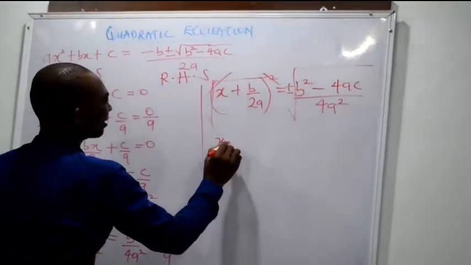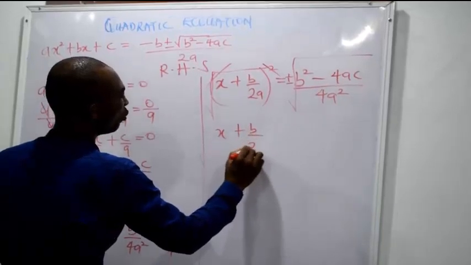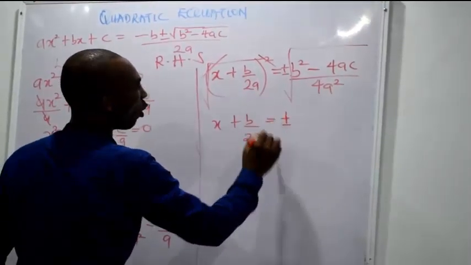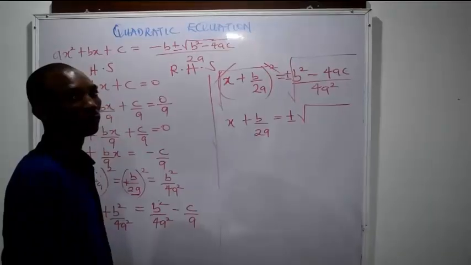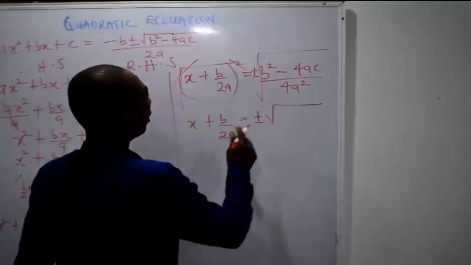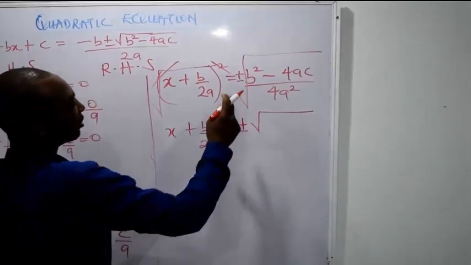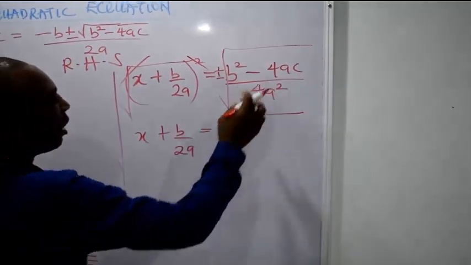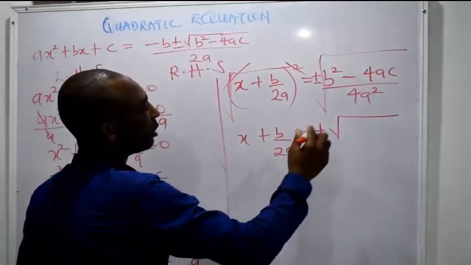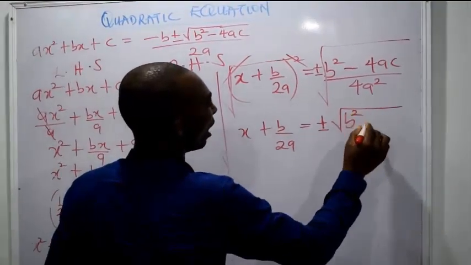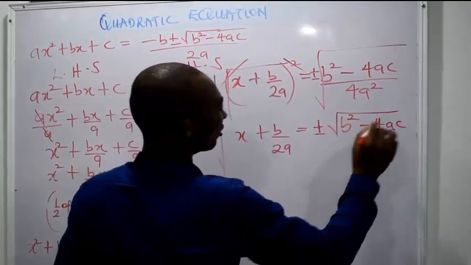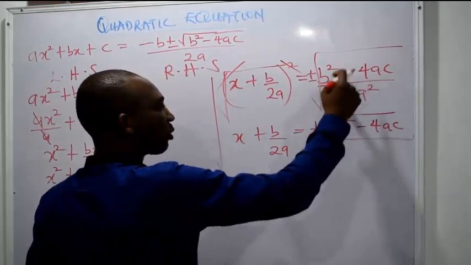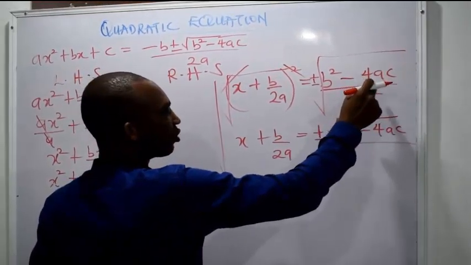We now have x plus b over 2a equals plus or minus square root of b squared minus 4ac. When you look at this, these are irrational roots, and there's nothing you can do to b squared minus 4ac. Under this, the square root still covers 4a squared.